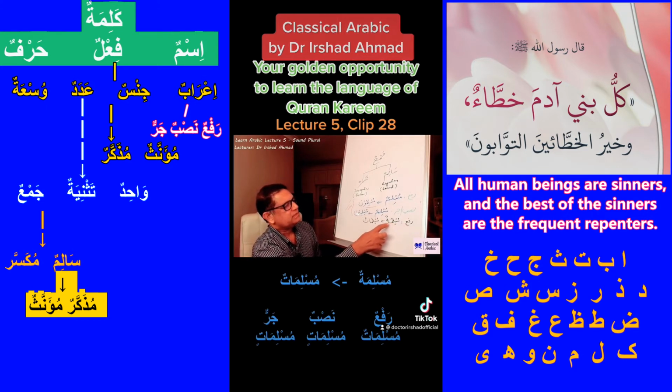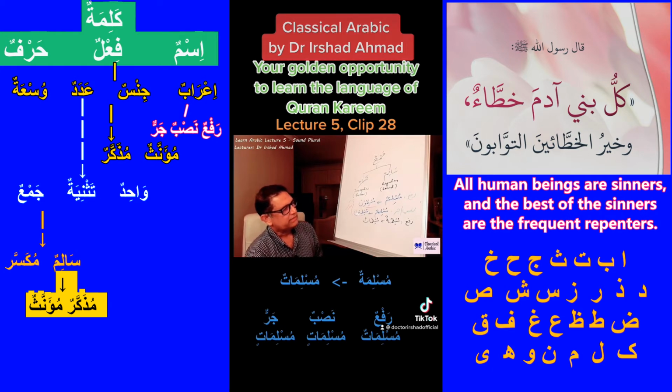So from muslimatun, muslimatun, there's a slight difference in the sound. It is important to make it a bit long here. Muslimatun, muslimatun. So the difference is clear between singular and plural.